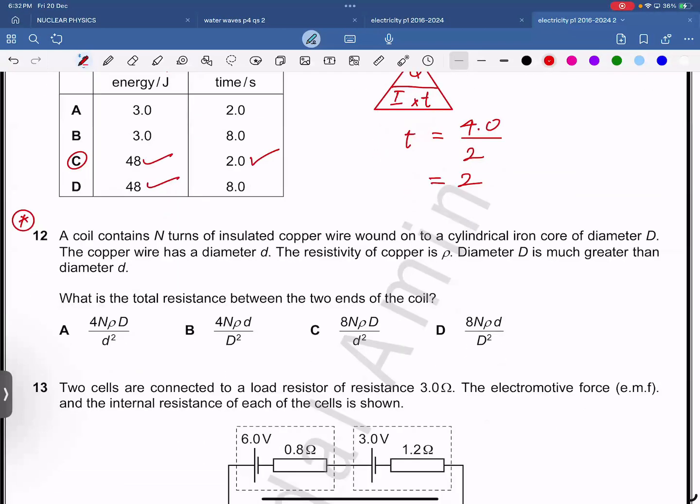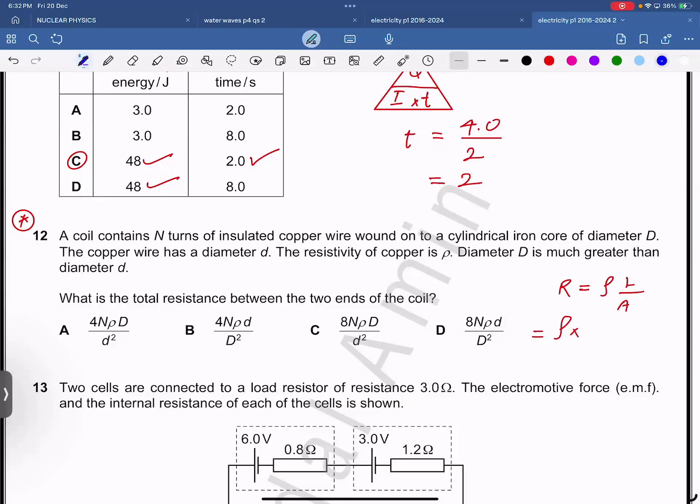A coil has N turns of insulated copper wire that is wound on a cylindrical iron core of diameter D. The copper wire has a diameter d. The resistivity is rho. The diameter capital D is much greater than the small d. What is the total resistance? The resistance formula is rho L over A. What is L?